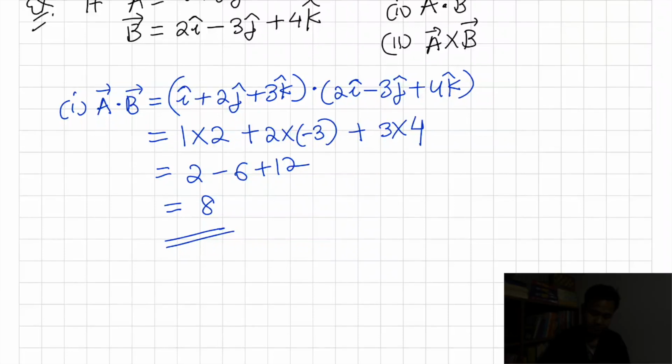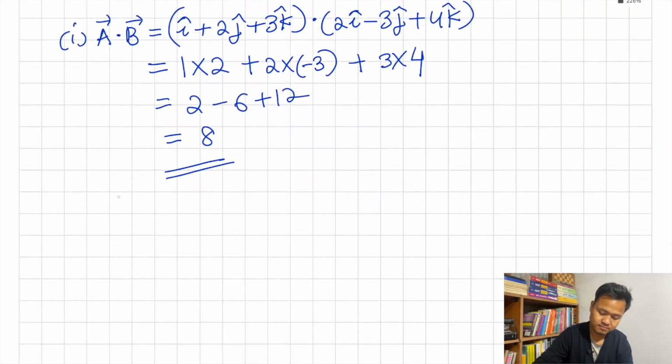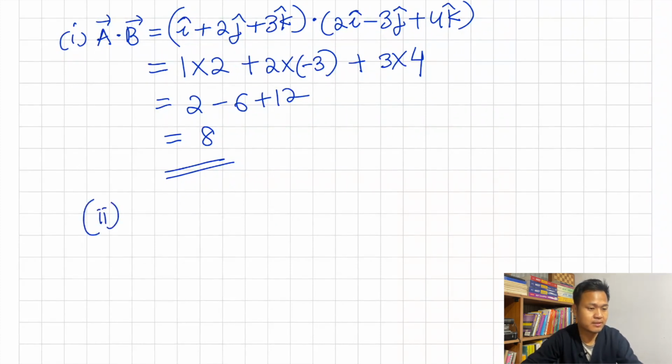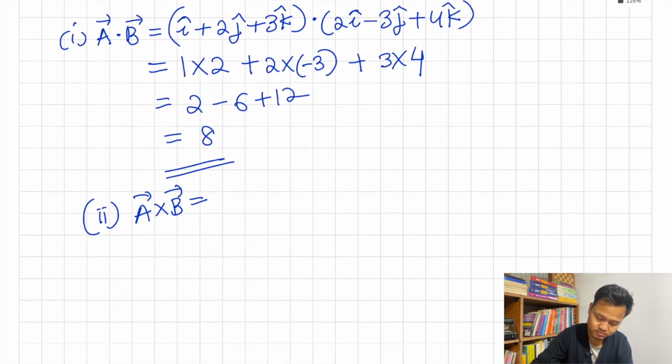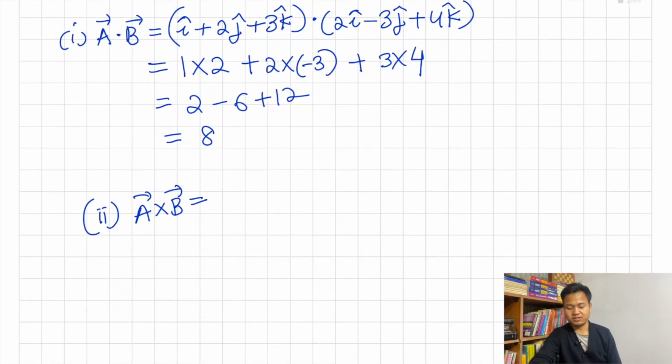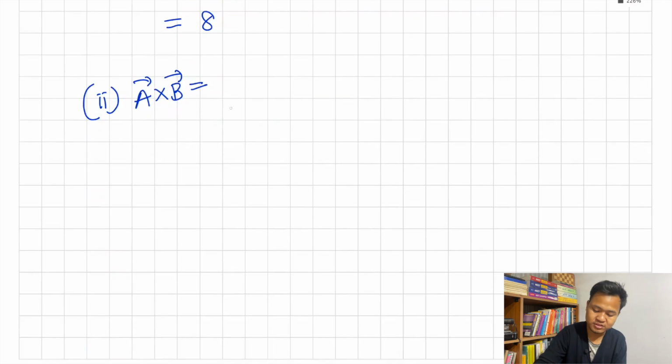Next is cross product, a cross b. Now we have to learn one better, shorter technique to solve cross product, using determinants.